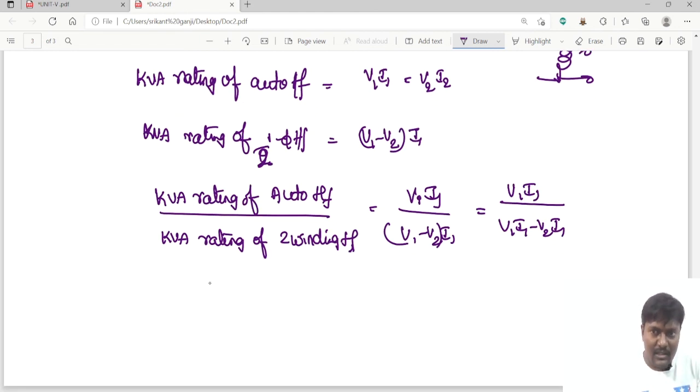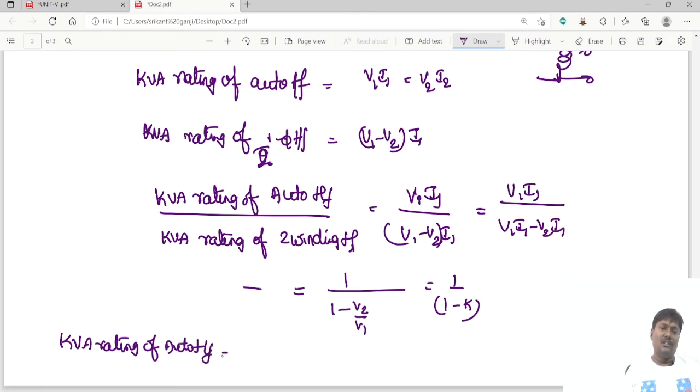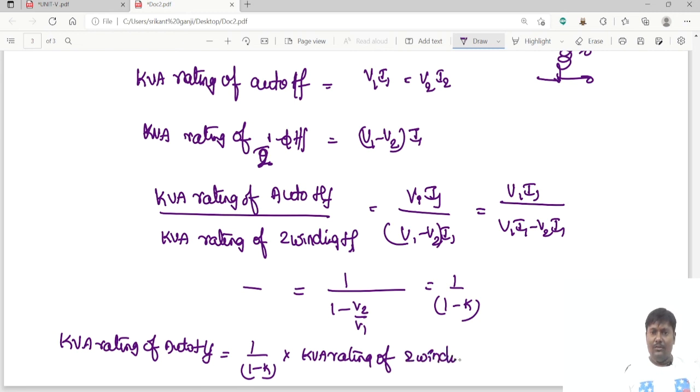So from this, V1 I1 is taken as common, giving 1 minus V2 by V1, which should be equal to 1 minus K. This is very, very important. The kVA rating of the auto transformer is equal to 1 by (1 minus K) times the kVA rating of the two winding transformer.